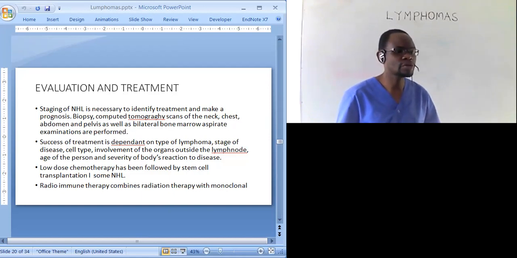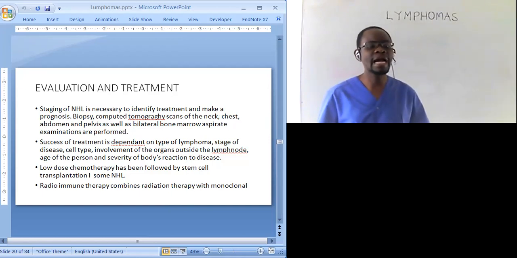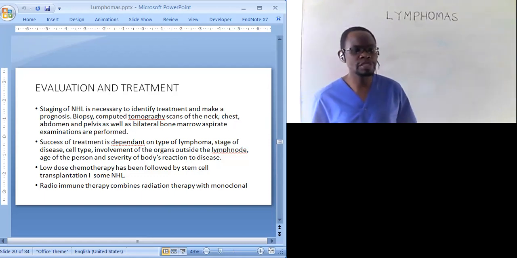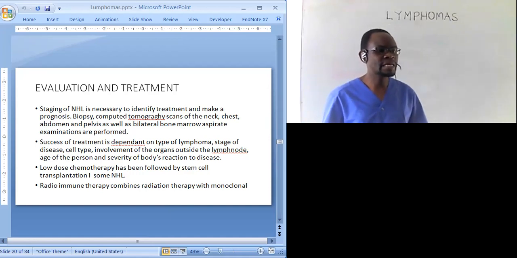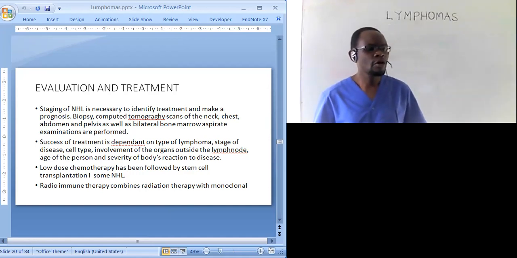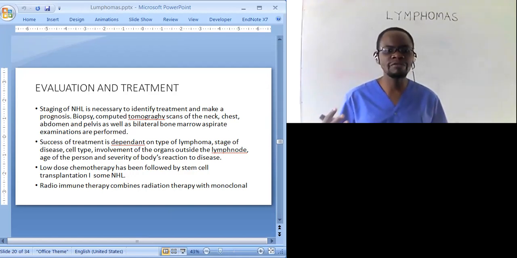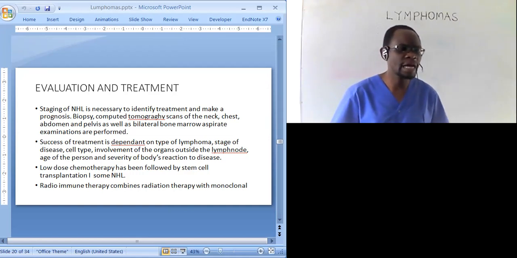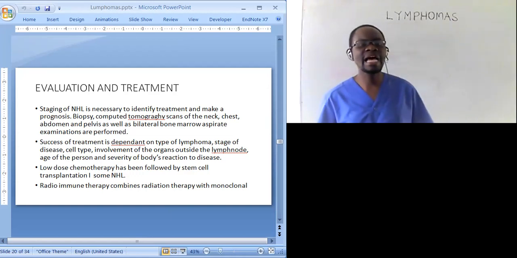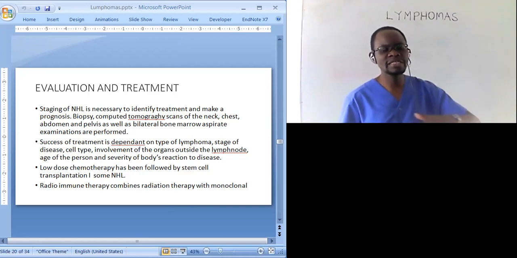The stage determines the kind of treatment and the prognosis for such a patient. Biopsy and CT scans: a biopsy will help to tell us the kind of lymphoma it is, whether Reed-Sternberg, Hodgkin's or non-Hodgkin's, and then a CT scan will show us other structures that have been involved.